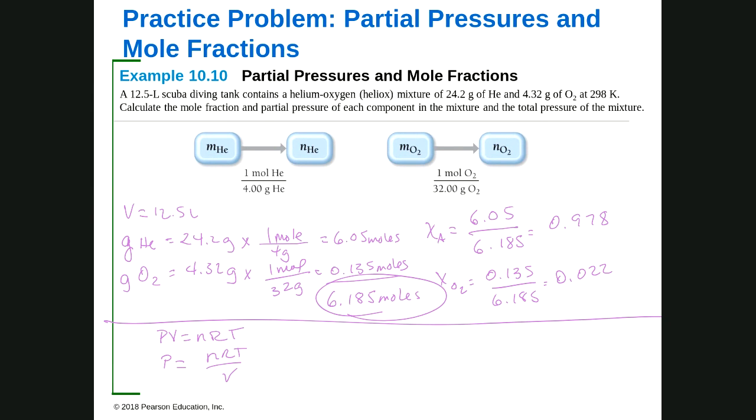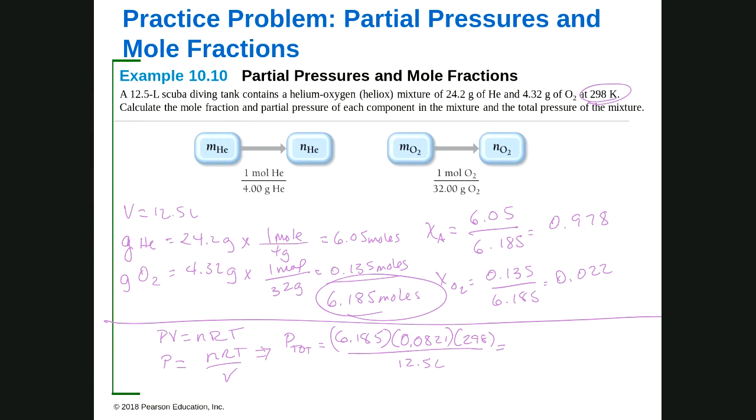So I plug in the n value, the total. So P total equals 6.185 moles times R times T. It told us 298, divided by V, which is 12.5 liters.